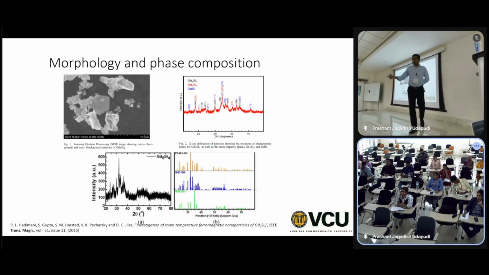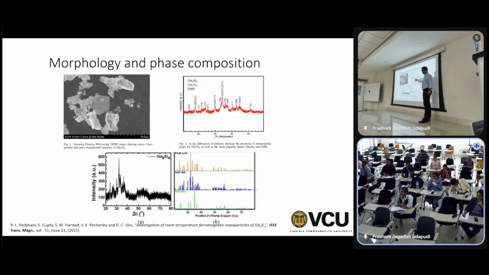So if you remember, in my first class or second class, I was showing the peaks of simple cubic, SiO2, and other materials. They were only 3 peaks or 4 peaks, clean XRD signal, right?